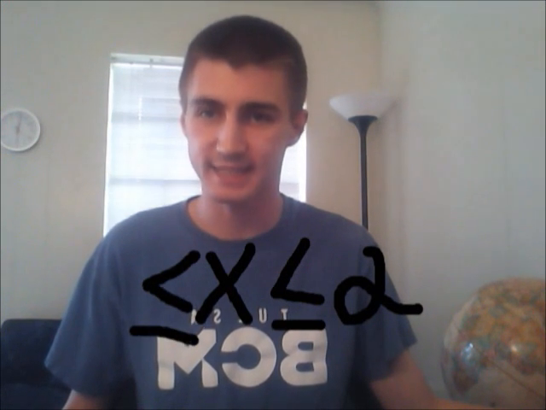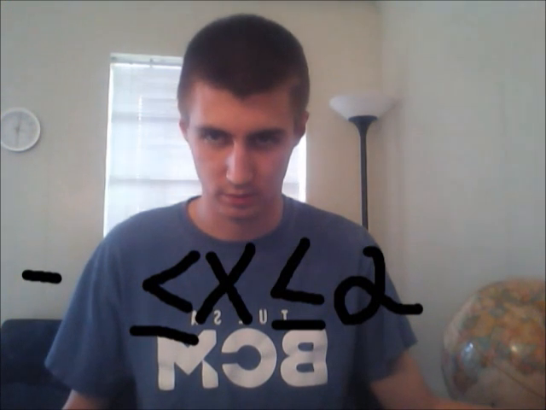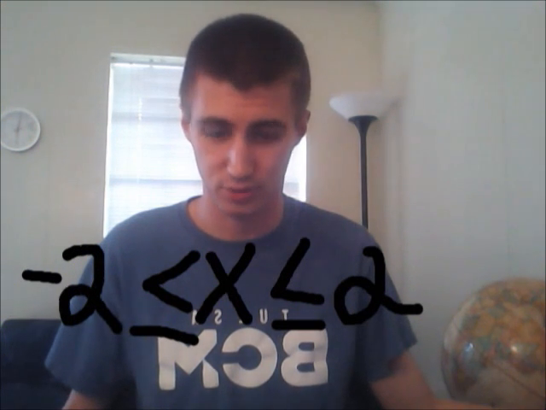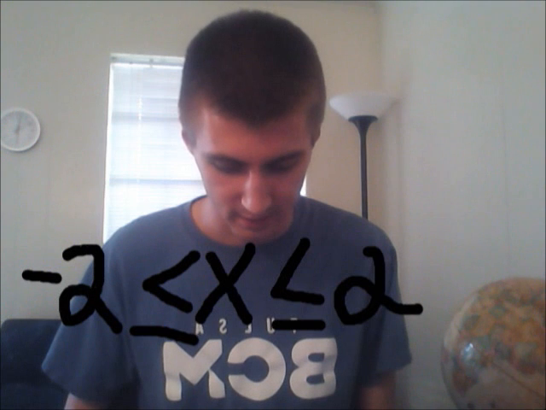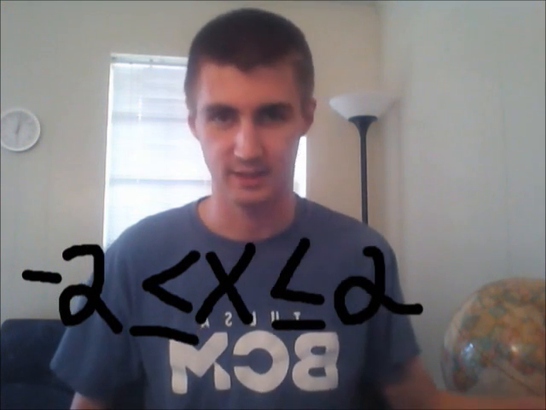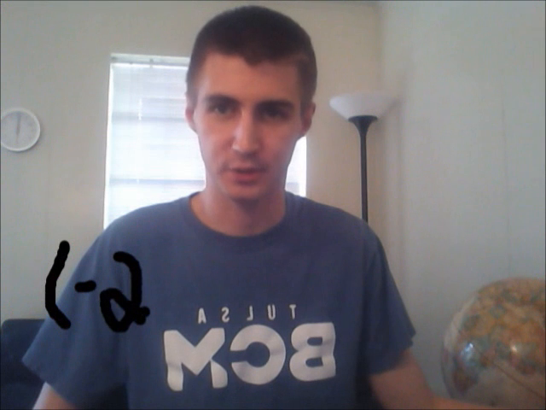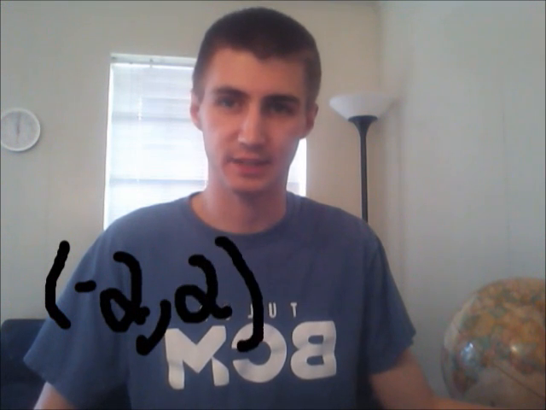So we know that x is greater than or equal to, if I'm doing this right, -2. Now I believe that is correct. I'm hoping on this one. Alternatively, we could write that as it's between the set of -2 and 2.